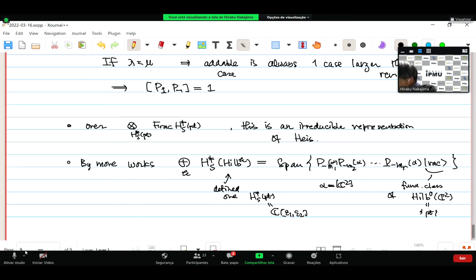And in fact, this is closely related to Jack polynomials, famous symmetric polynomials containing one parameter. This parameter appearing in the Jack polynomial is identified with the equivariant variable, epsilon 2 over minus epsilon 1.